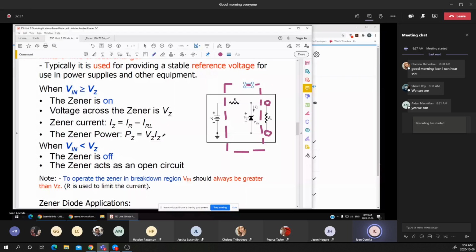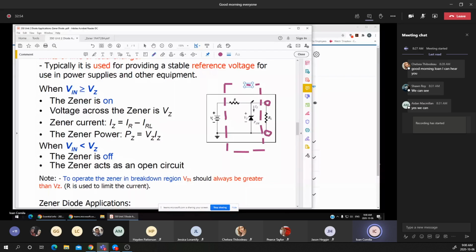Now you notice that the IZ notation is the current that flows through the Zener diode, and there is a relationship between the IZ, the IR, and the IL. The current that flows through the resistance, supplied by the voltage source, stays constant.